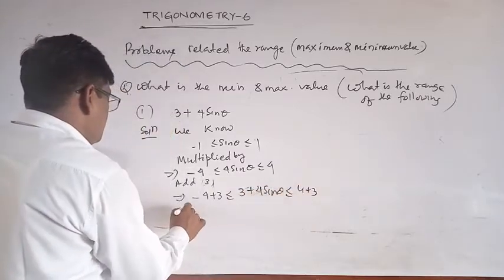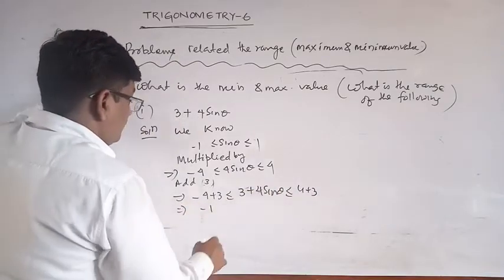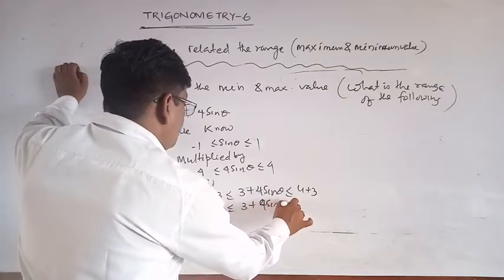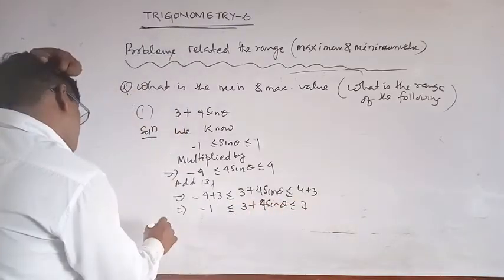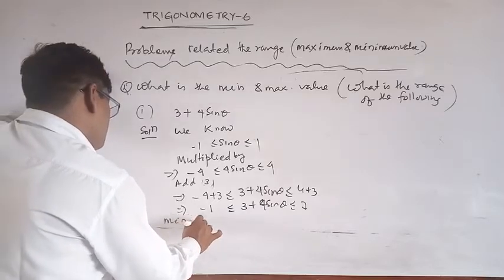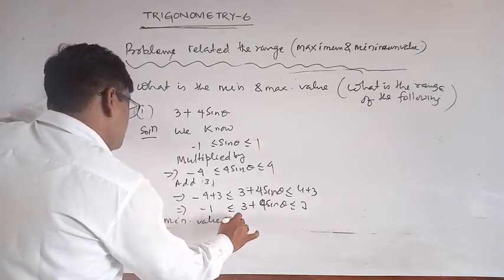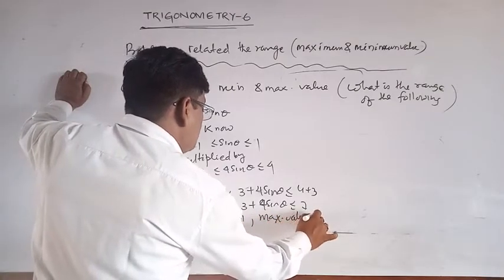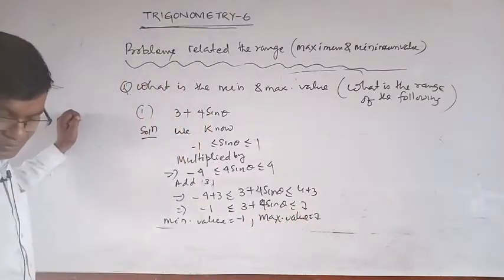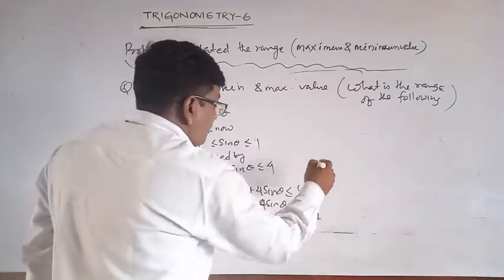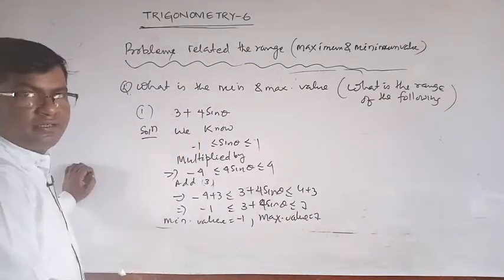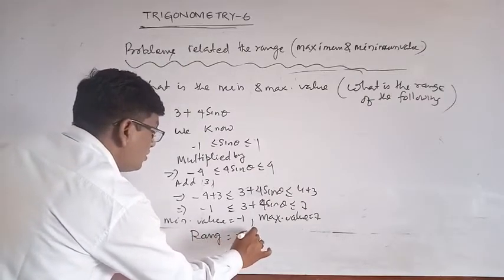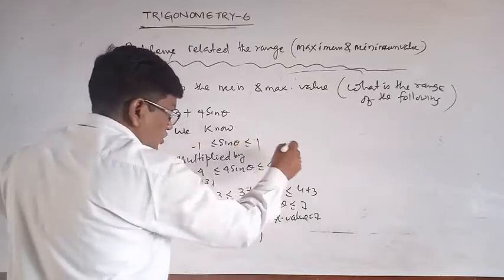So -1 is less than or equal to 3 plus 4 sin theta less than or equal to 7. So the minimum value is -1, the maximum value is 7. The range is -1 to 7. This is according to the actual process.